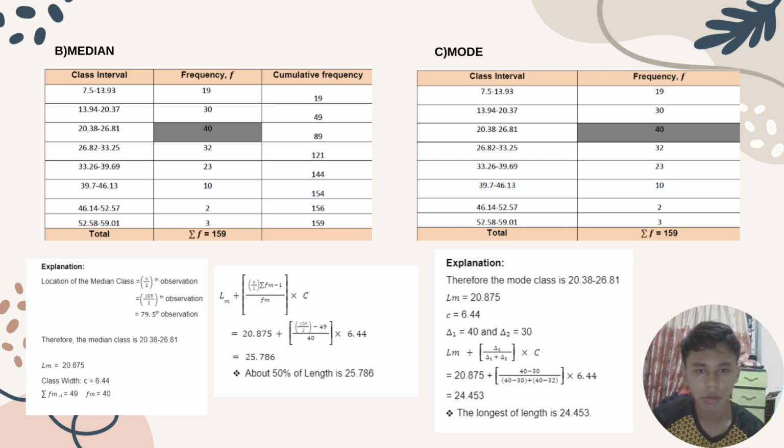For the first difference it is 40 minus 30, and for the second it is 40 minus 32. Using the formula, 20.75 plus, in the bracket, 40 minus 30 divided by, in the bracket, 40 minus 30 plus 40 minus 32, multiplied by 6.44, and we get 24.453. This is the longest length, 24.453.